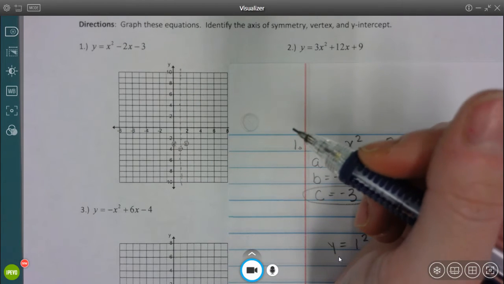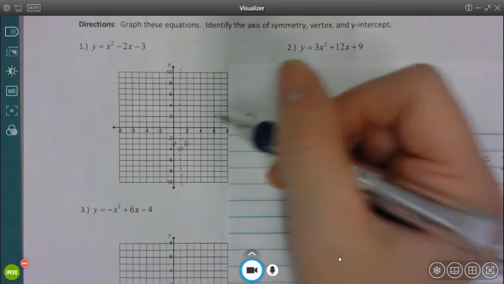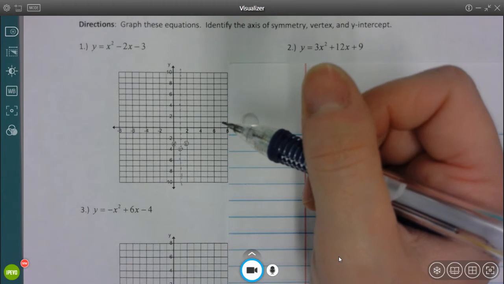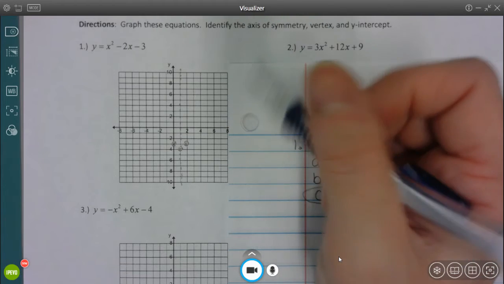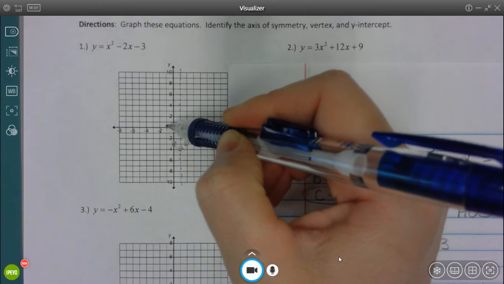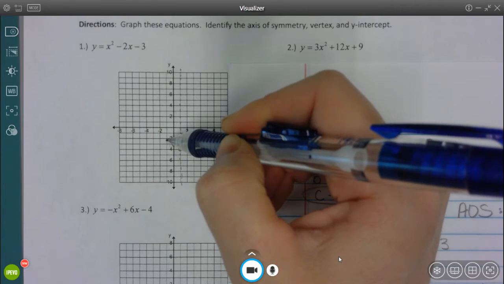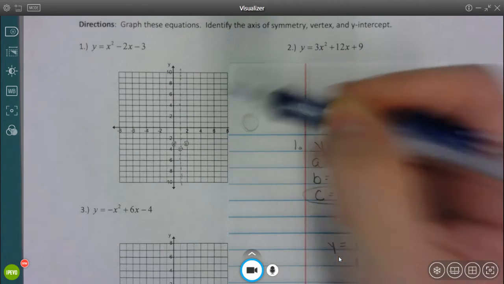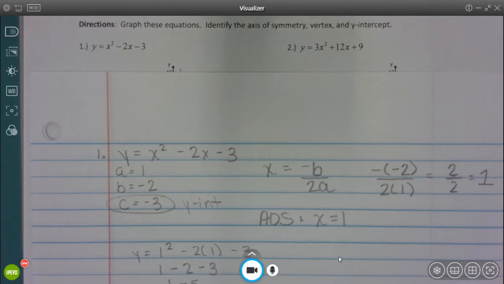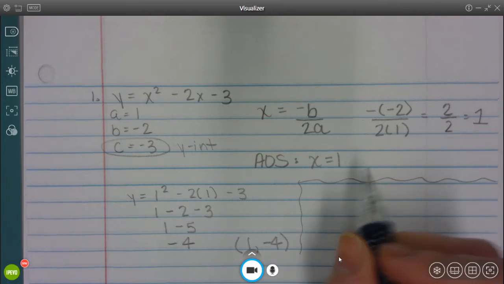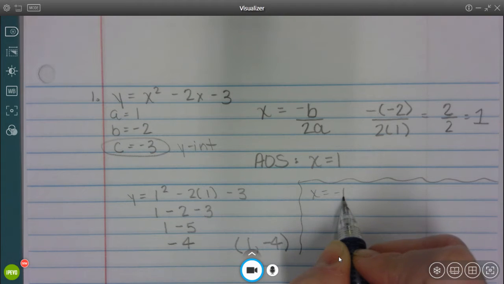And then last but not least, I'm going to find one more coordinate using an x value so that I have a total of 5 points. So I'm going to just see what happens when x is -1, and then I'll use that point to reflect to the other side. So I'm going to come back into my original equation, and I'm going to substitute in x equals -1.